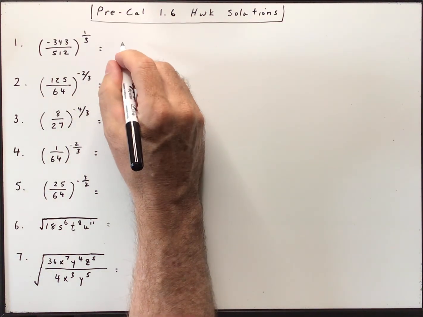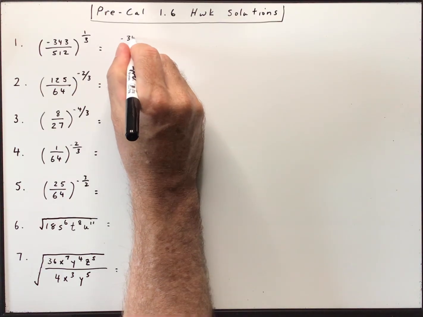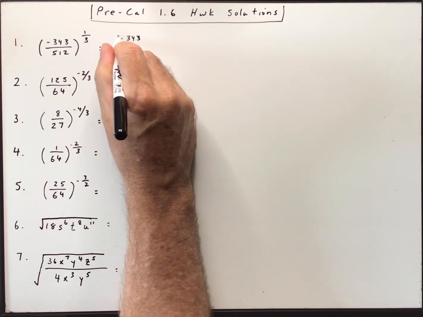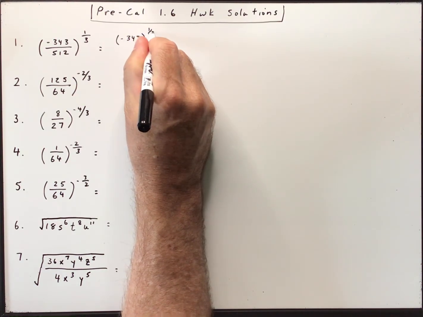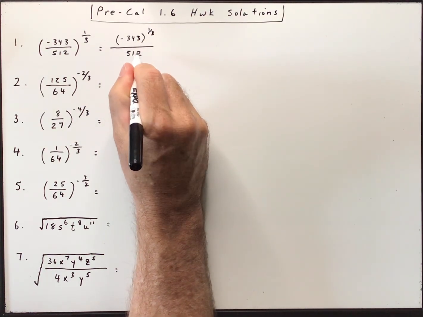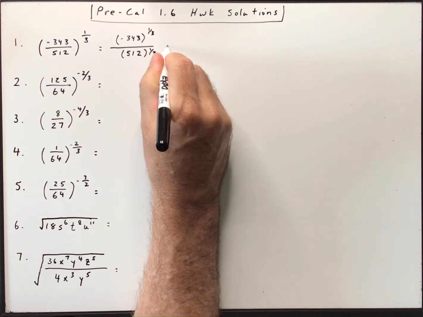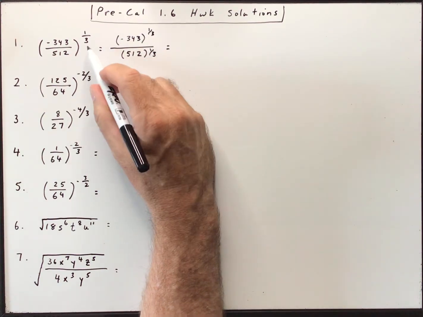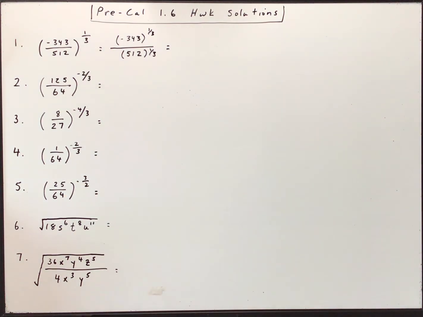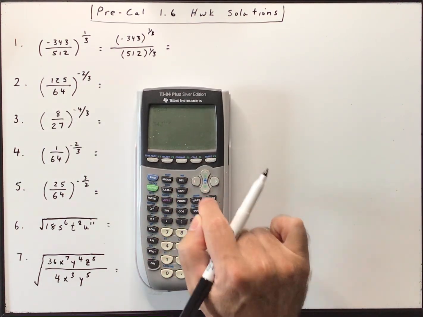Okay, so this is going to be the same as negative 343 to the 1/3 divided by 512 to the 1/3. So you can rewrite it as the numerator raised to the power over the denominator raised to the power. And we're just going to go ahead and use the calculator for this.